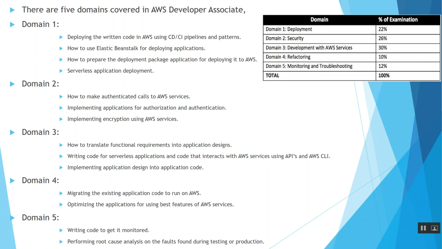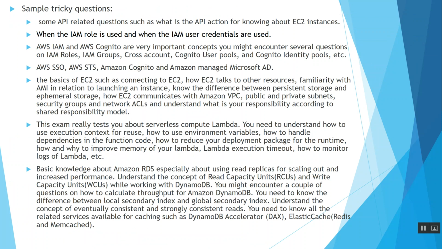Let me go to the next one, which will discuss sample tricky questions. So once we see at a high level what tricky questions will be there as part of the exam, while studying each topic, you can spend more time on it based on the tricky questions. If you see the first one, some API related questions, such as what is the API action for knowing about EC2 instances, when the IAM role is used, and when the IAM user credentials are used.